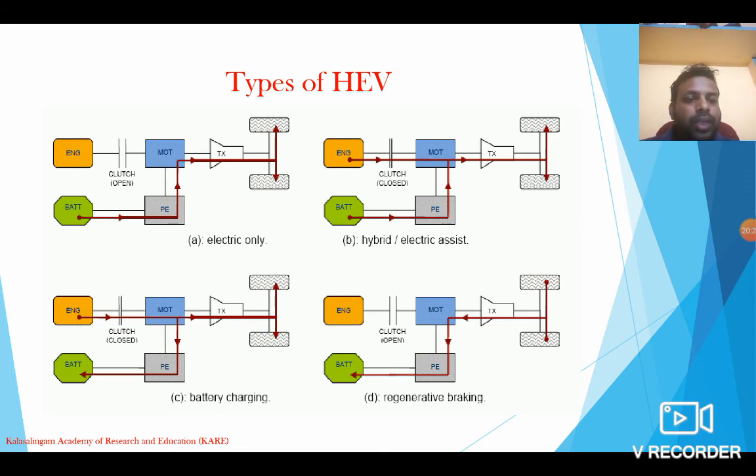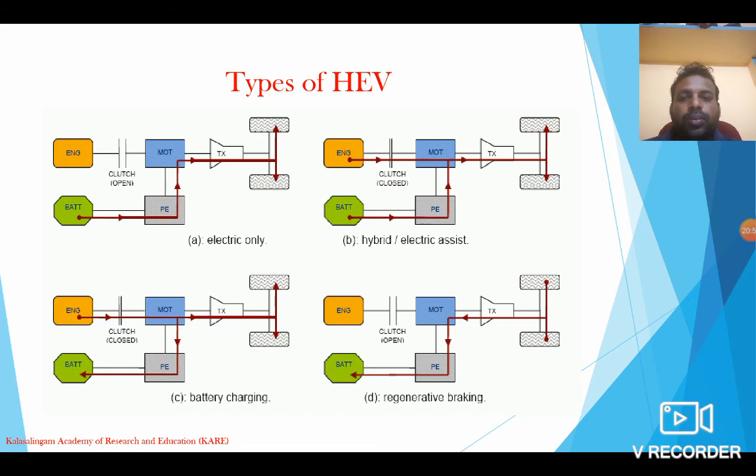Regenerative braking is available for both electric as well as hybrid electric vehicles. It generates electrical power when you apply the brake: the kinetic energy of the wheel is converted into electrical energy with the help of a generator. This produced electrical power is used to recharge the battery.